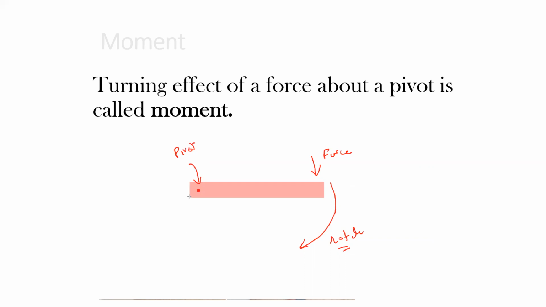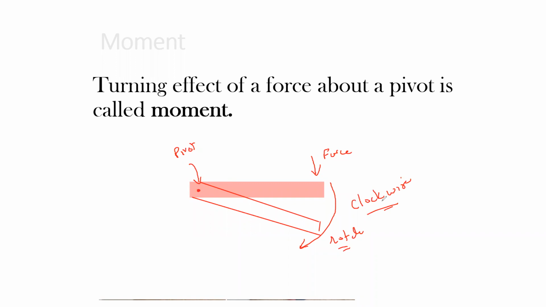The new position of the object will be like this. So it is moving in the same direction as the hands of a clock. What we call this rotation, we call clockwise rotation.